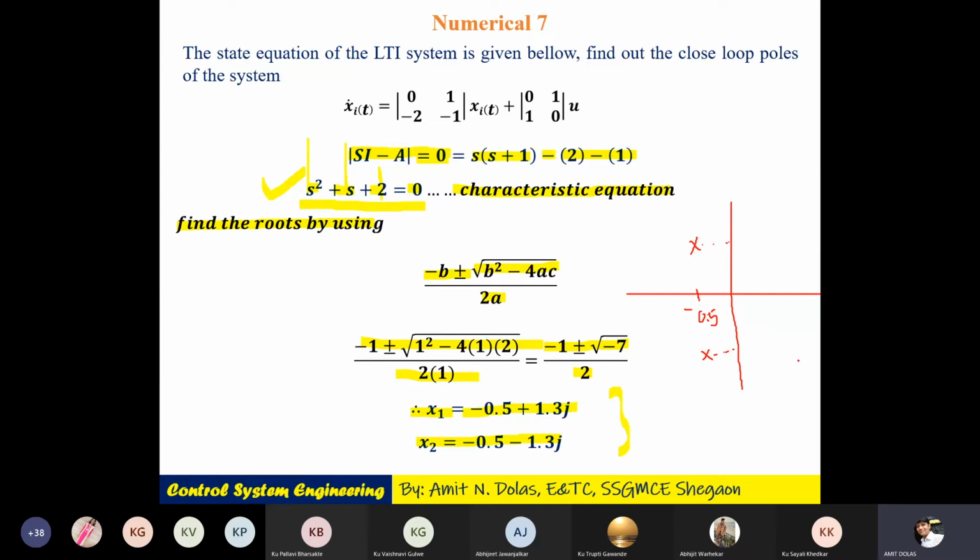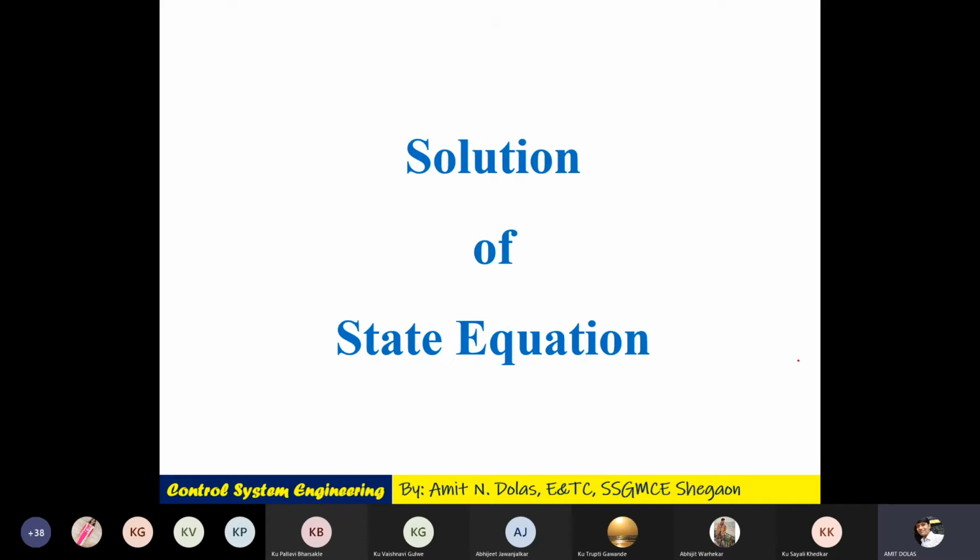So this is how, if the state equation is given, you may get the characteristic equation in S domain using this form, and you may compute the roots of the system or poles of the system.